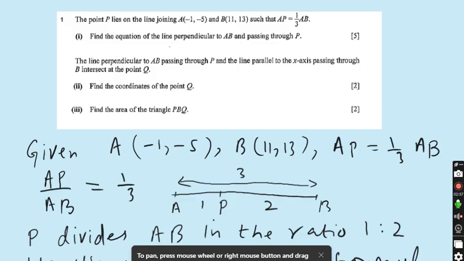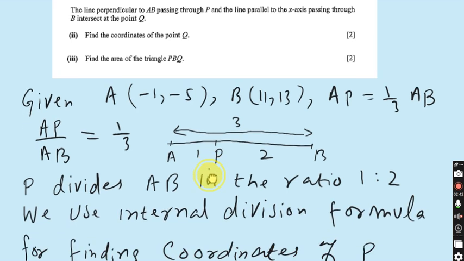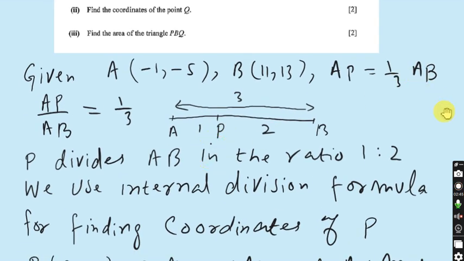So if you draw the line A to B, you can see that AP is 1 and AB is 3, therefore PB is 2. So you can say P divides AB in the ratio of 1 is to 2.